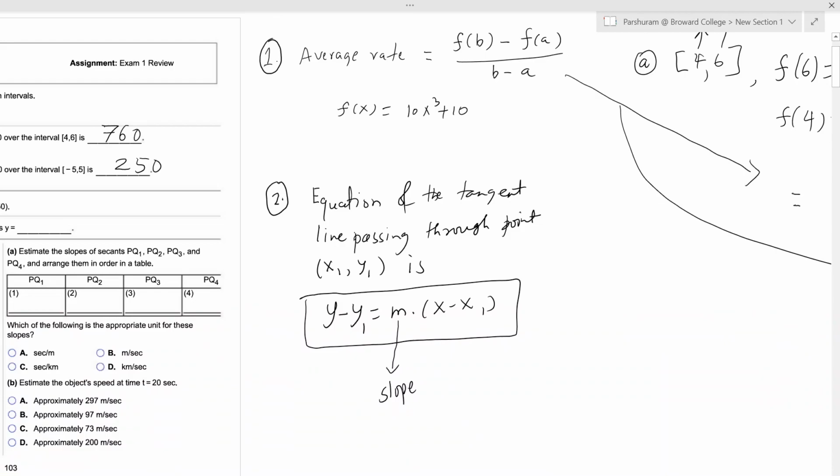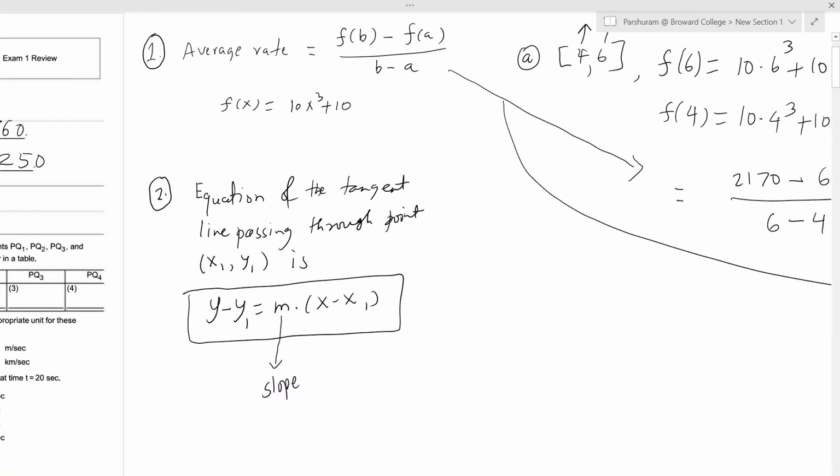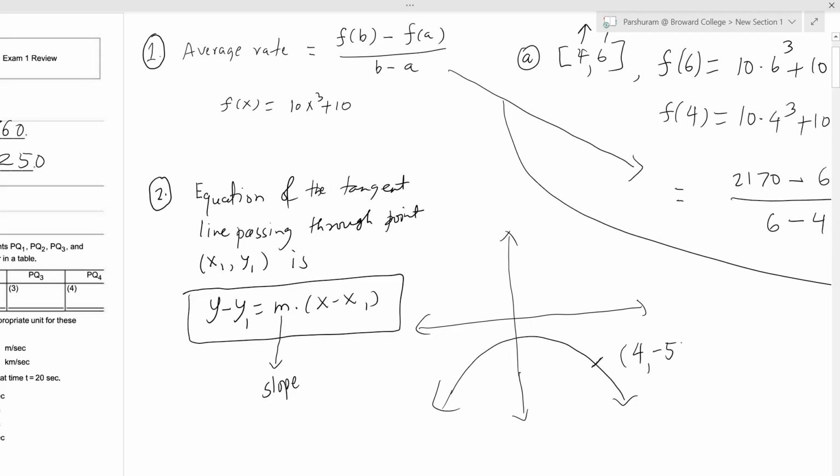So let's try to understand the problem here. Let's say you have a curve, something like this, and we want to find out the equation of tangent line at 4, -50. We need to use the slope of that line for finding the equation, but we don't know how to find the slope.